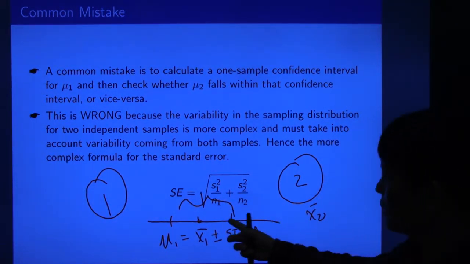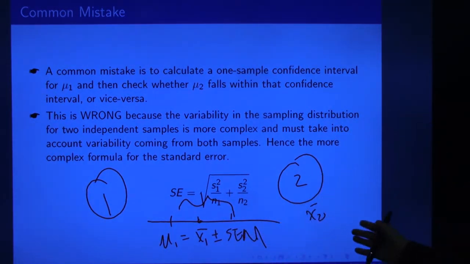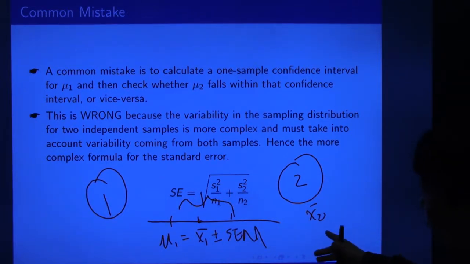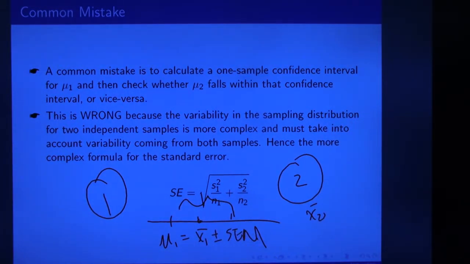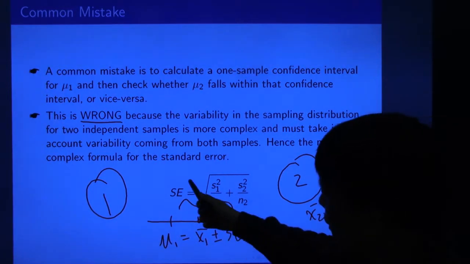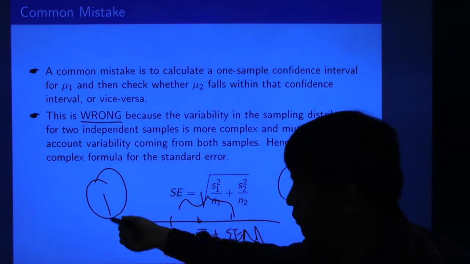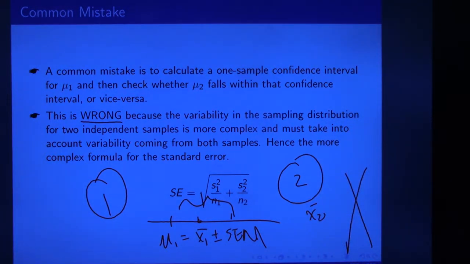If this one is within this range, then we say these two samples are from the same population. If this one is outside this range, then we say these two samples are from different populations. And as we said, this is wrong. We cannot use this method to do this. The reason is, in this method, we only consider the variability of the first population or the first sample.